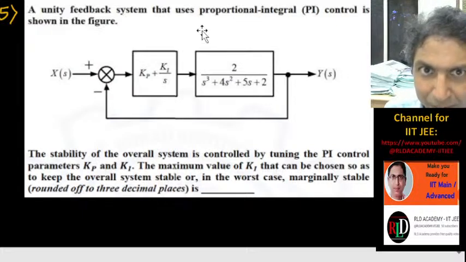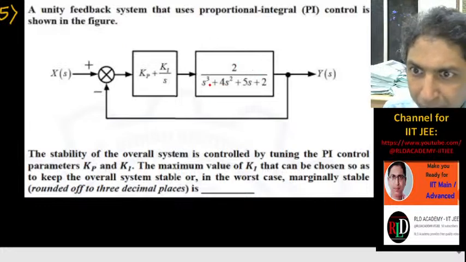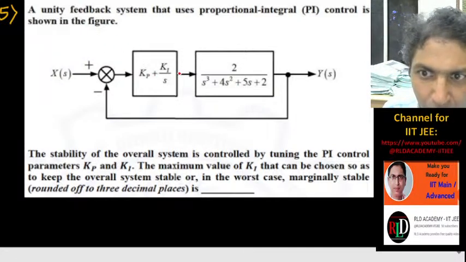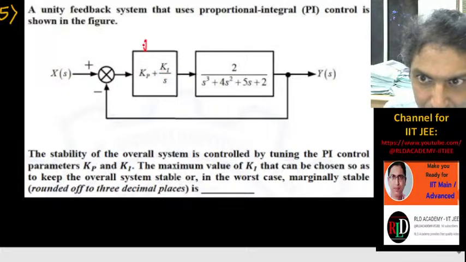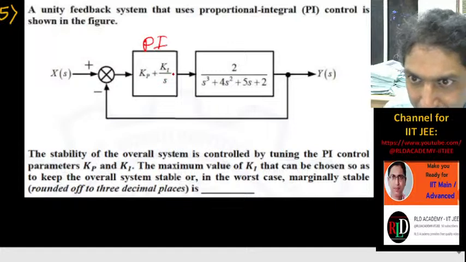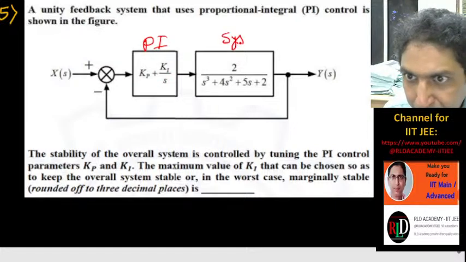This is the system here: 2 upon s cube plus 4 s square plus 5s plus 2. And we have one PI controller, Kp plus Ki upon s. This is your PI controller. This is your system.